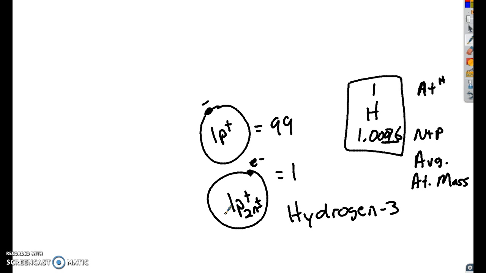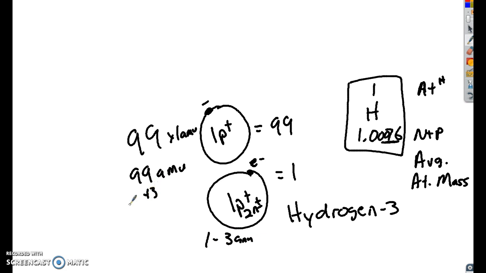And so if 1 out of 100 of them is this, it would have an atomic mass of 3. If you took the average, each of these 99 ones times 1 AMU would add up to 99 AMUs. And this one has a mass of 3 AMUs, so plus 3 makes 102.